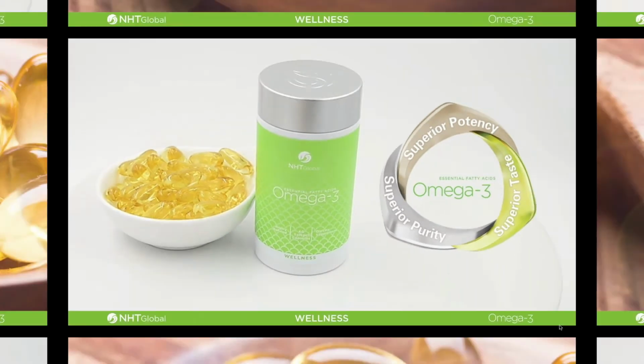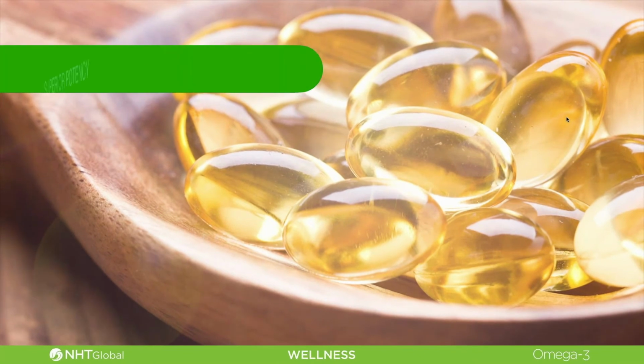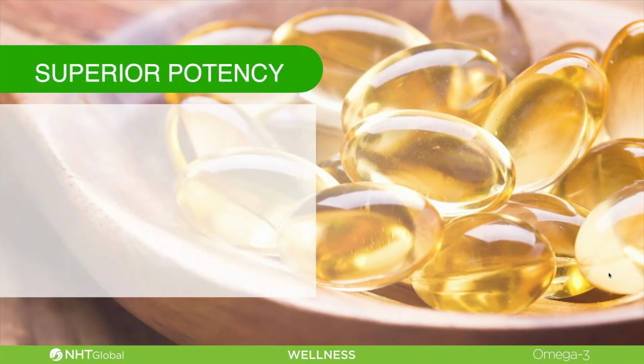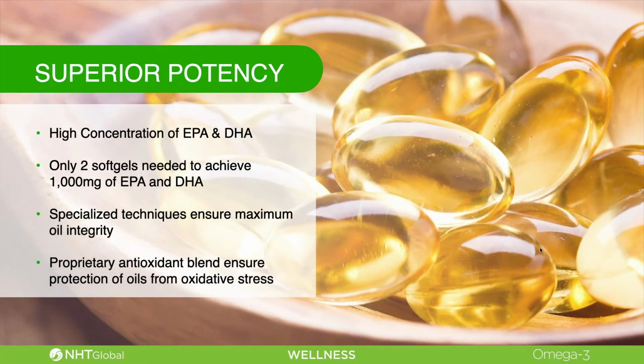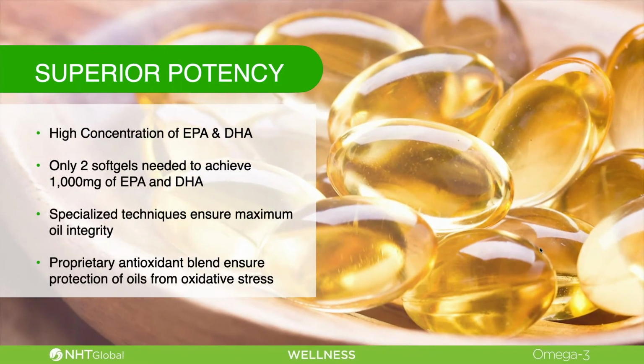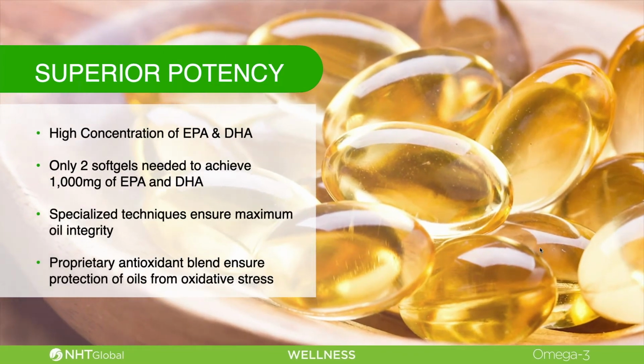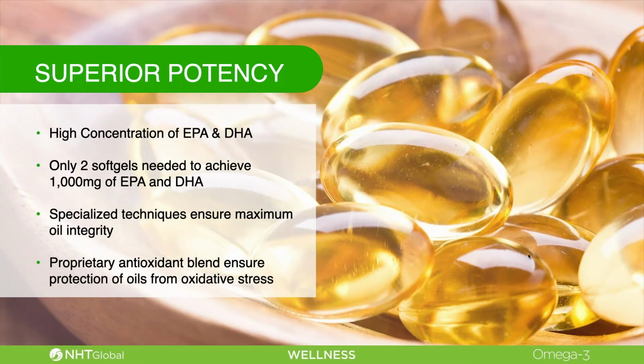So I've touched on some of these points already, but we'll just briefly review the potency. Potency is strength. We base it on the overall amount of omega-3s in the product, but primarily on the EPA and DHA. We need EPA plus DHA to be at least 1,000 milligrams in every soft gel. And actually, we have an overage to ensure that we meet that level for the full entire shelf life of the product.